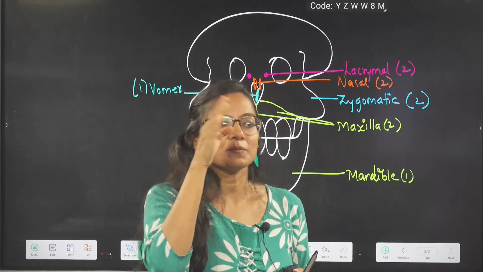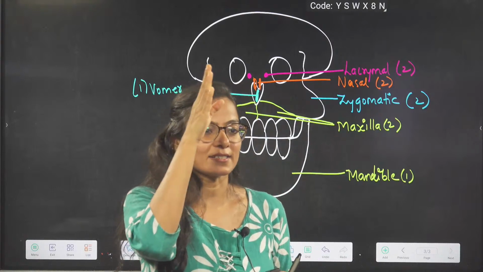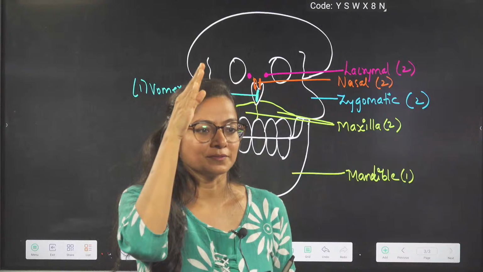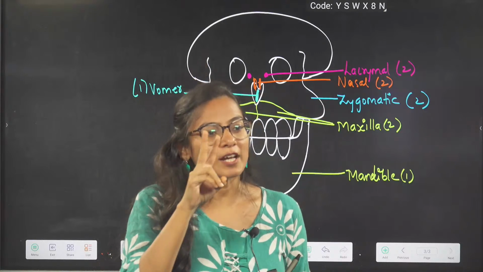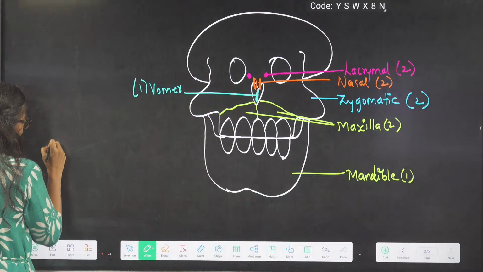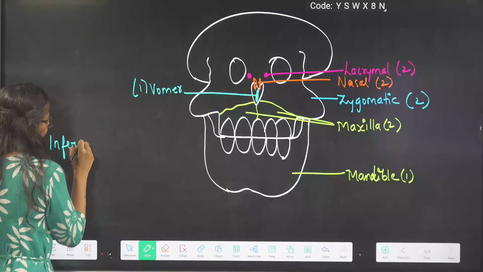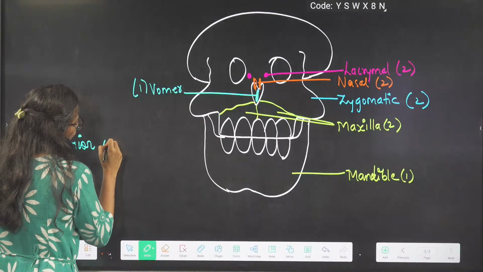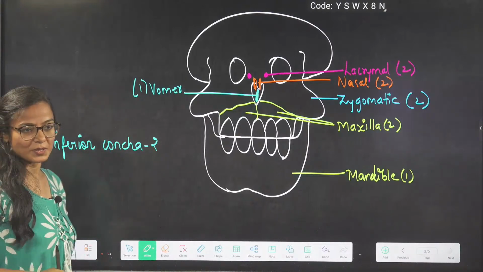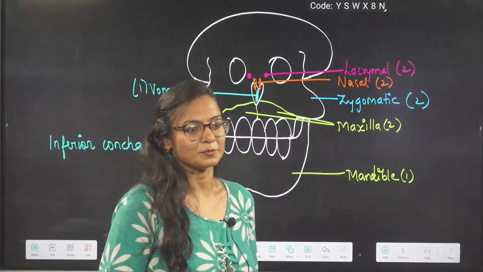How that path is, it is like this, right? It is not a straight path, it is curved. So over there we have two bones which are called, we cannot label that over here, so I am just going to write it in the side. They are called inferior concha. They are present inside, difficult to label in this facial diagram, right?